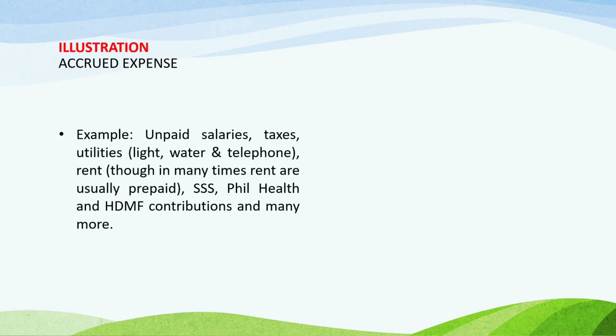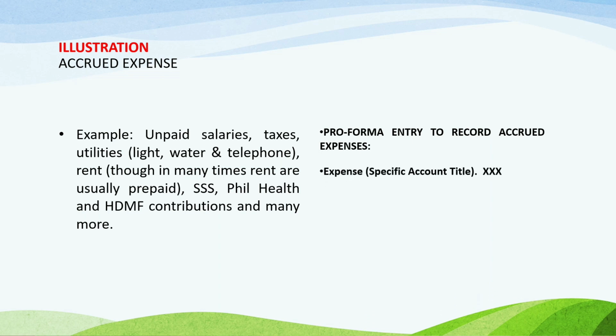Illustration on accrued expense. Examples: unpaid salaries, taxes, utilities, light, water, and telephone, rent, and in addition also the SSS, PhilHealth, and HDMF contributions, and many more. The pro forma entry to record these accrued expenses is debit the expense, the specific account title, and credit the liability, the specific account title. For unpaid salaries, debit salaries expense, credit salaries payable.